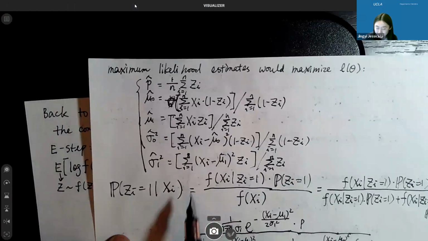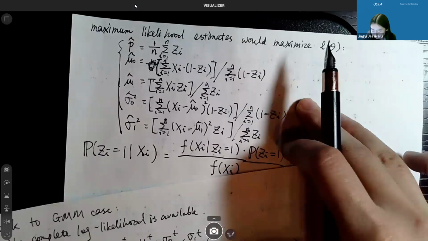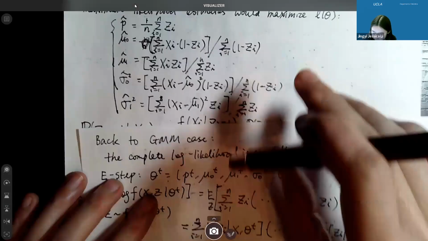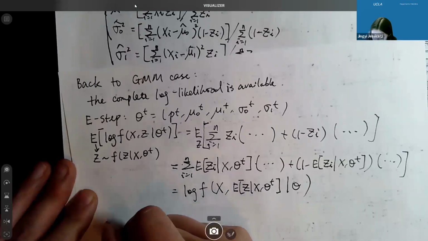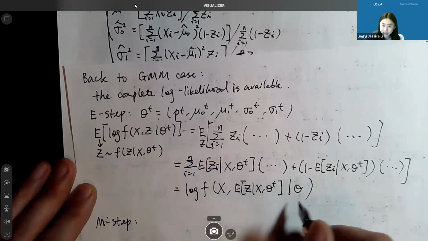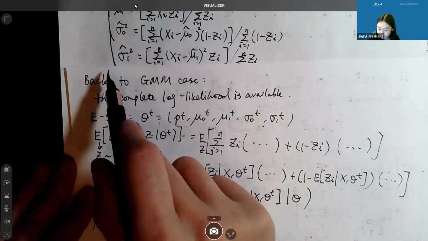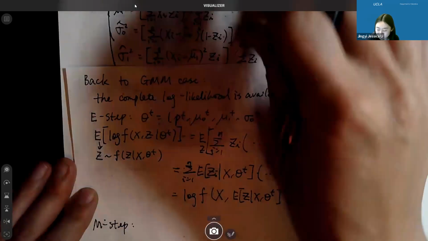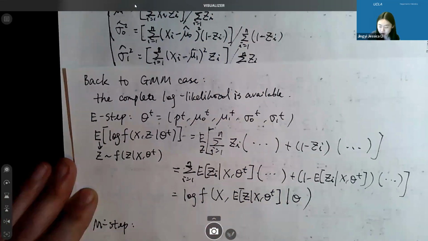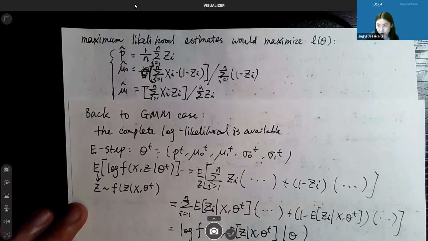the formula right here, then you can see that in the EM algorithm, so let me do this. In the M step, if you want to maximize this thing, you can obtain the same MLEs, but not based on z_i's anymore. Instead, you are using the expectations.